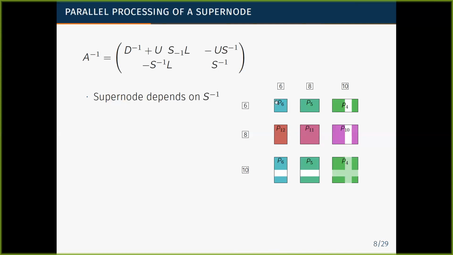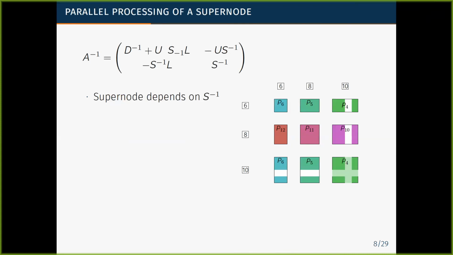The first thing is that the selected inversion algorithm corresponds roughly to a traversal of the elimination tree of the sparse matrix in the opposite direction from the factorization, meaning that a factorization is a bottom-up traversal of the elimination tree, whereas the selected inversion is a top-down traversal.